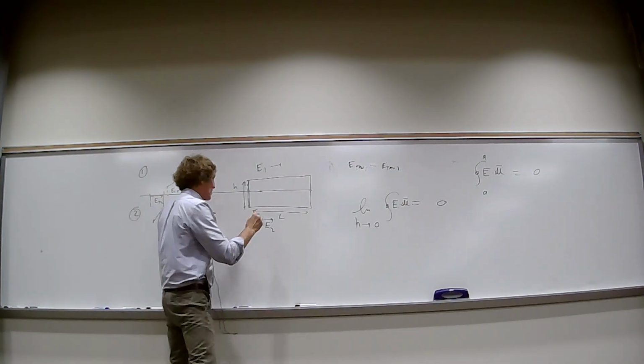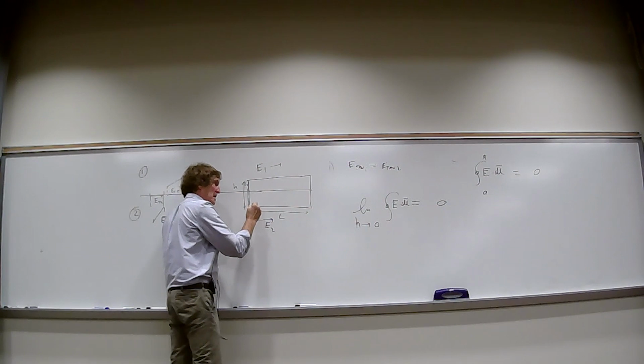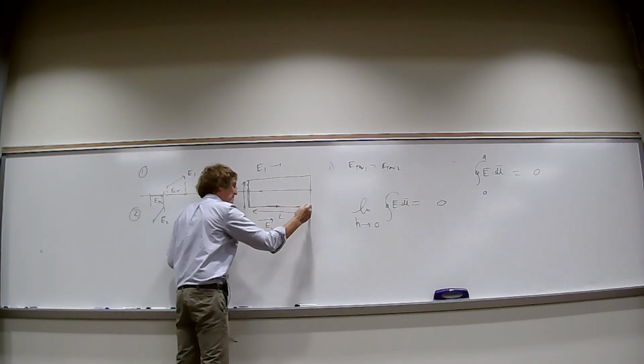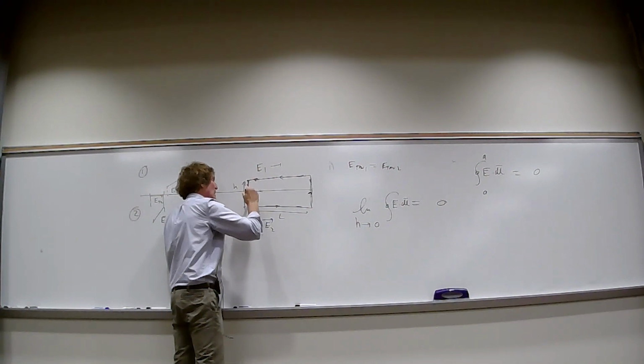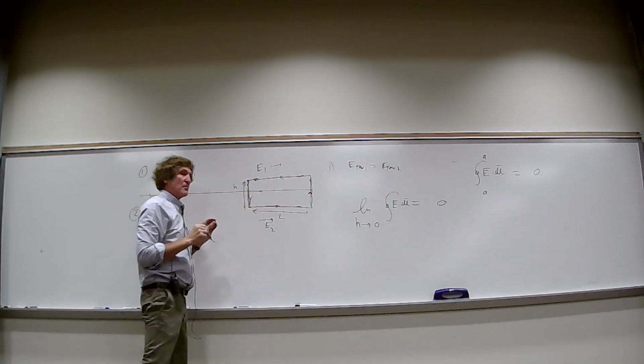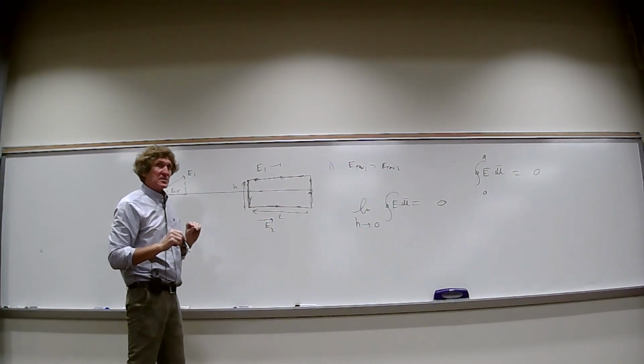Think about it. If I start here, and I move, and I'm just going to go over this path integral, and end up at the same point, with me? It'll be 0.